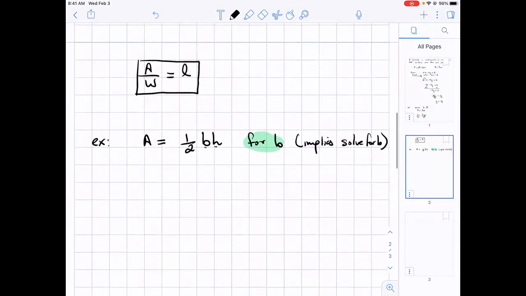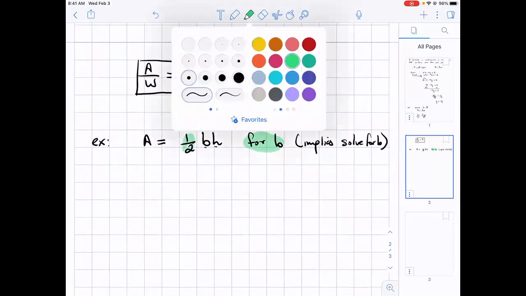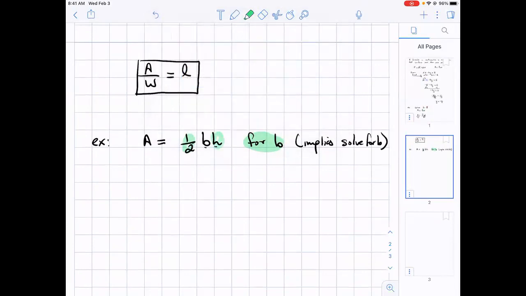So the first thing we're going to do, so basically we have to get rid of the 1/2 and we have to get rid of the H, okay, to leave B by itself.